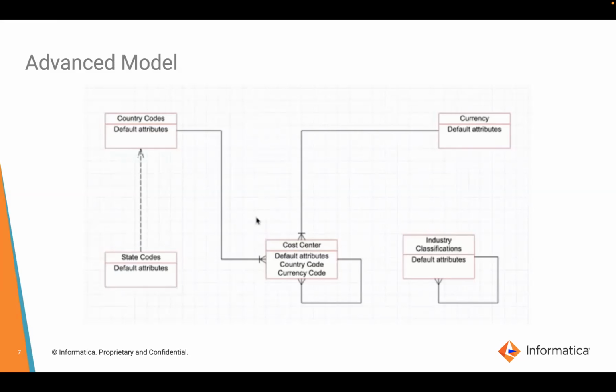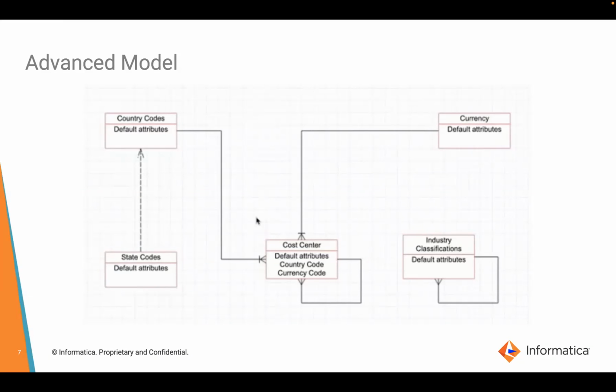In the coming part, I'm going to show you more advanced models that can be created. If you see this slide, the state codes that are created with all the default values, maybe attributes like name, code, and description, can be dependent on a country code. Or we can create a hierarchical code list, like NAICS code, which has various levels of code values inside it.